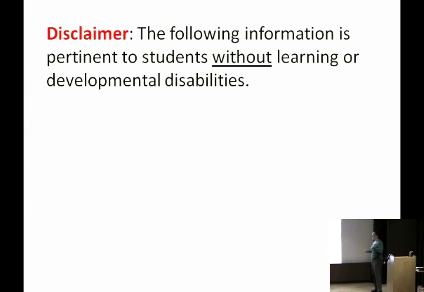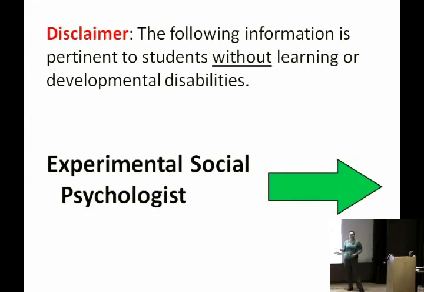Now, the reason why I start with this disclaimer is because I am an experimental social psychologist. So this is what I am, and it is different from a clinical psychologist or even an educational psychologist. And what I want to do is demonstrate how we look at what you could almost think of as normal people in normal situations, and therefore social psychology is absolutely applicable to the classroom.